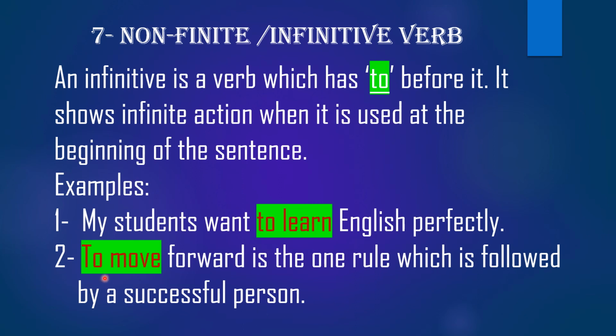Here, to move is our non-finite or infinitive verb, and here it is infinite action. Why? Infinite action हम बोल सकते हैं कोई असीम काम या limitless action, and here to move forward is also limitless, and here I have used it as a subject, and it is our non-finite verb or infinitive. Clear?